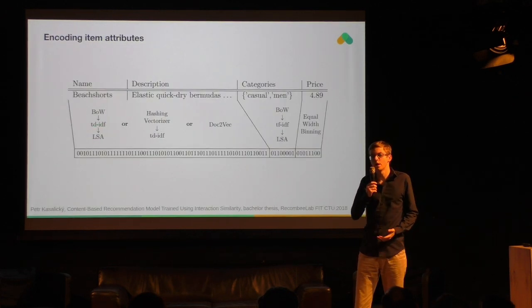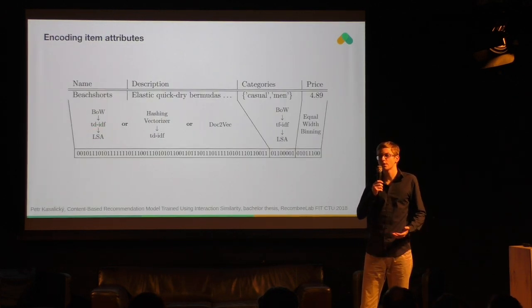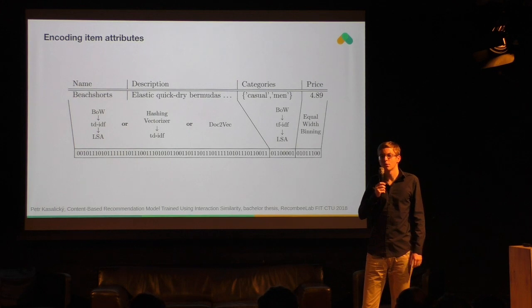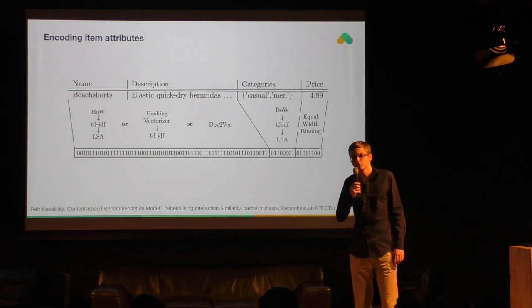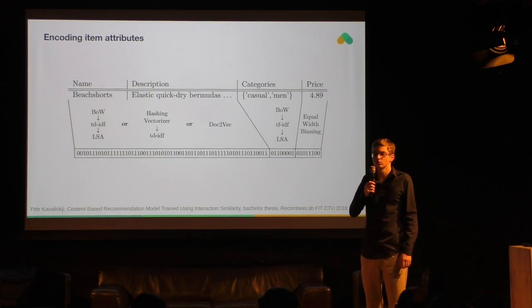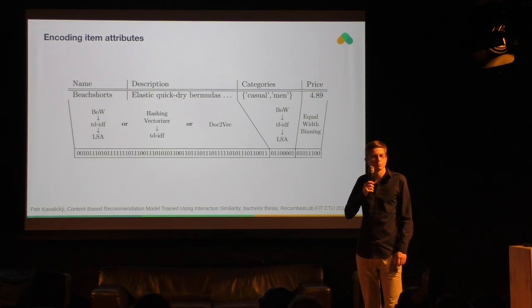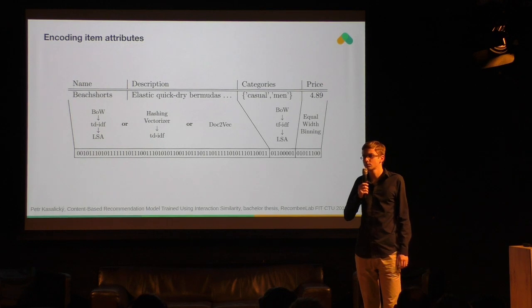It doesn't have to be binary. It can be real numbers, anything I can get as a vector. So it is not necessary to have binary data for the input, right? No, not at all. It can be real numbers.